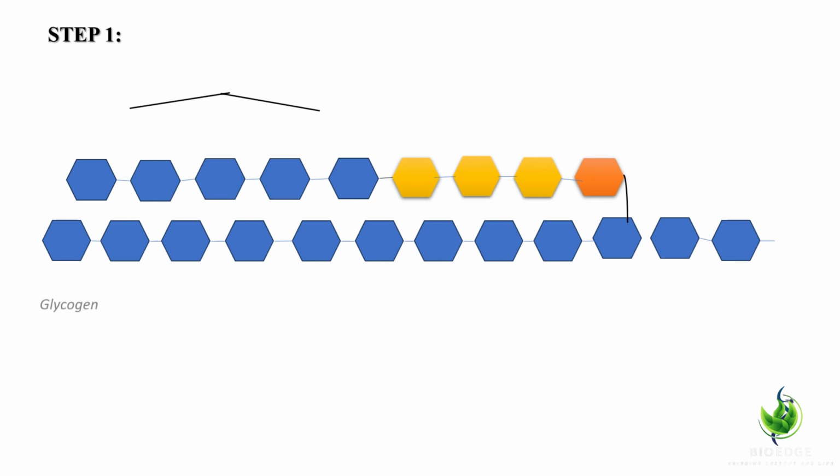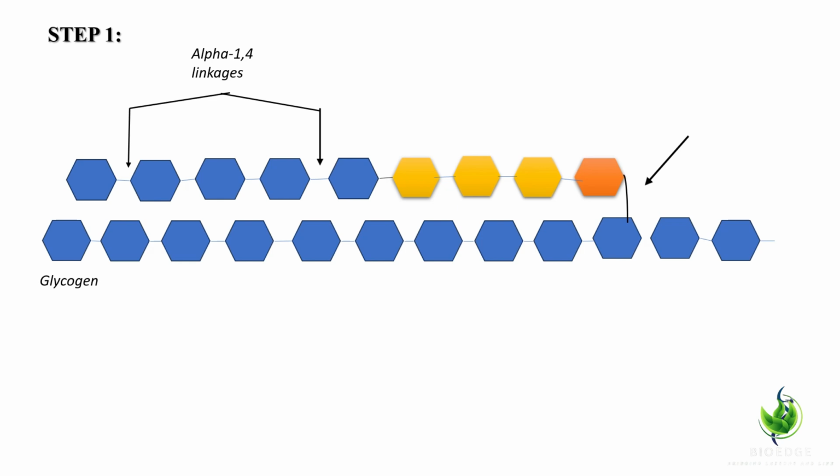Glycogen phosphorylase removes glucose as glucose 1-phosphate from the glycogen. It contains pyridoxal phosphate, which is known as PLP, as a prosthetic group. The alpha 1,4 linkages in the glycogen are cleaved. It removes glucose units one at a time.